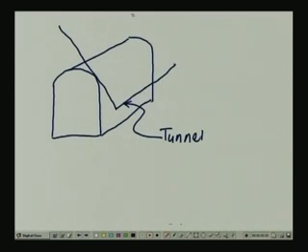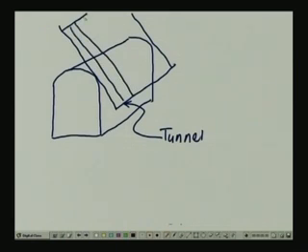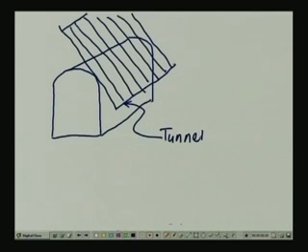Joint sets are oriented with respect to the tunnel alignment in this manner. So, this one here is one of the joints, and there is another one. The other joint set is oriented in this manner. This is just an example.